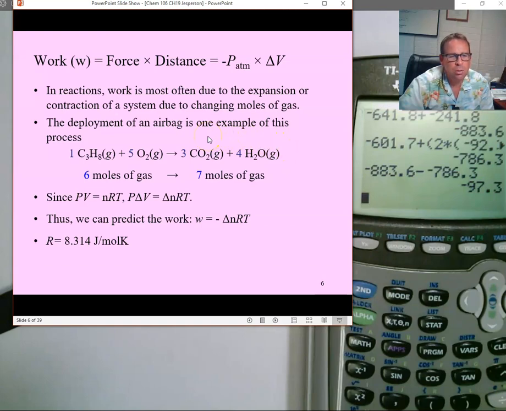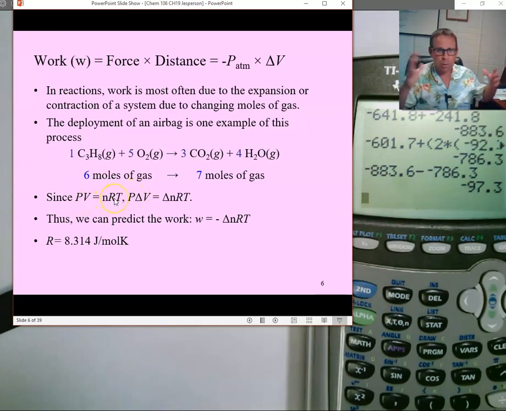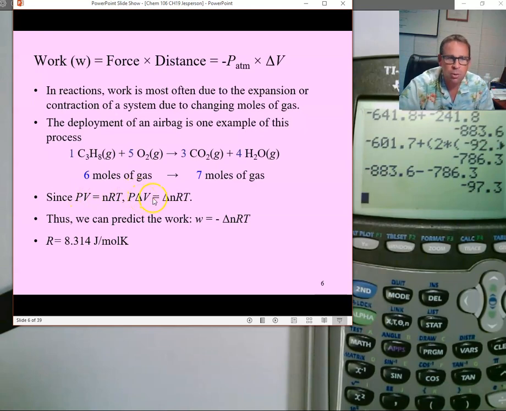Okay? So, PV equals nRT, that's our new relationship that we can think about in terms of gas. The outside pressure is constant in this reaction, but we get a change in volume related to the change in moles of gas. So thus we can predict the work by this relationship: the change in moles of gas times RT, where R is 8.314 and T is our temperature in Kelvin.